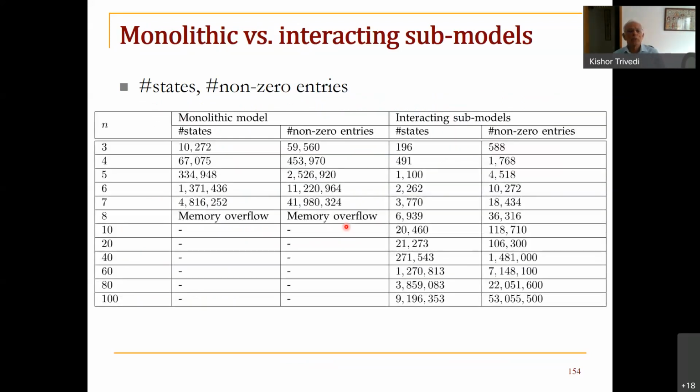Coming back to our specific problem, remember that the monolithic model could only solve a 7 by 7 by 7 problem, but by interacting submodels, this fixed point iteration, we are able to solve 100 problems, so 300 machines fairly easily. And if you work harder, we could probably go to 1,000 too. So real life problems can be solved if you resort to such fixed point iteration and hierarchical solution methods.